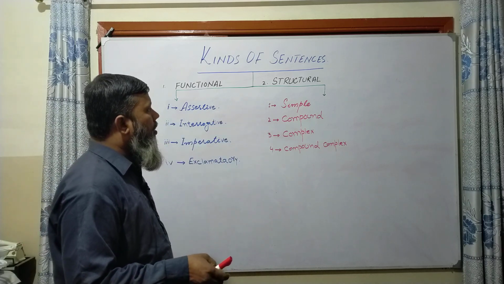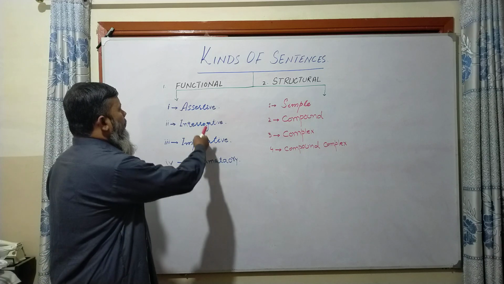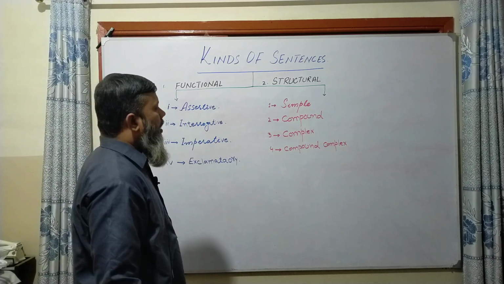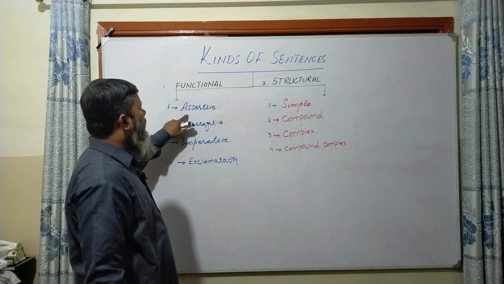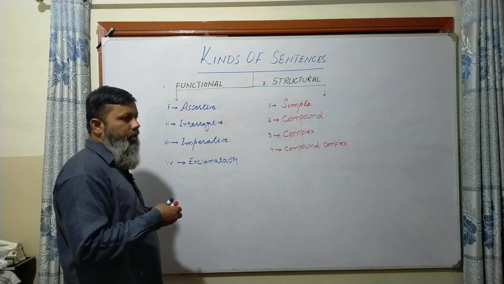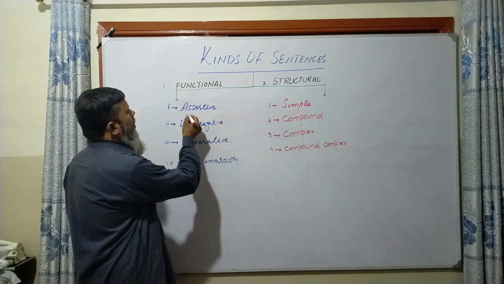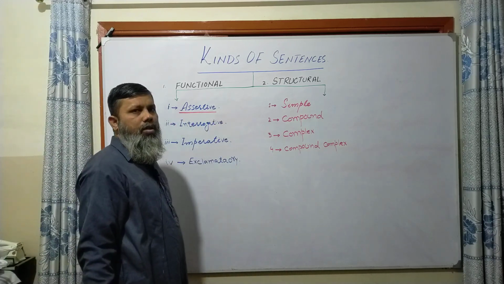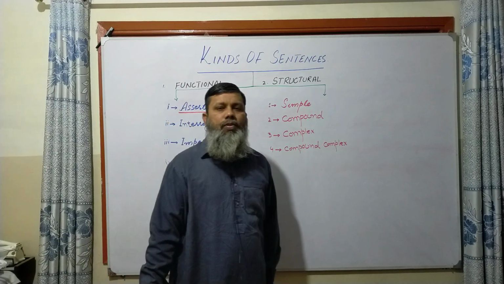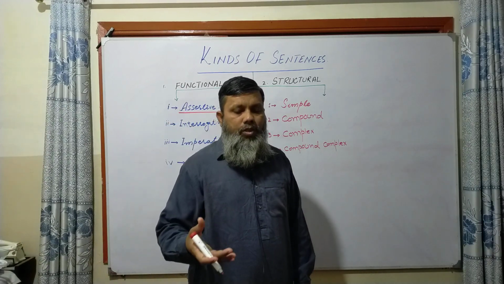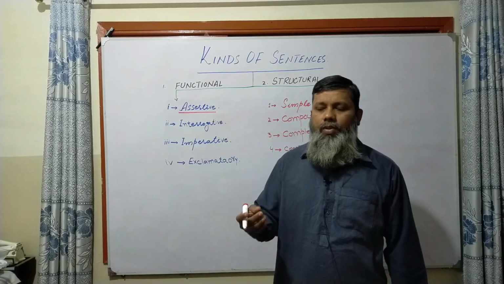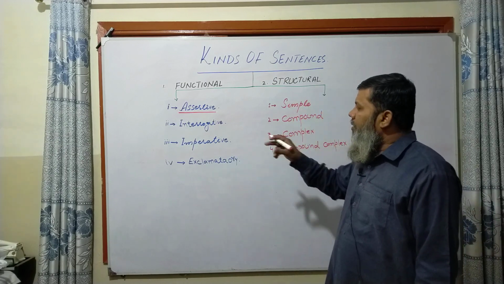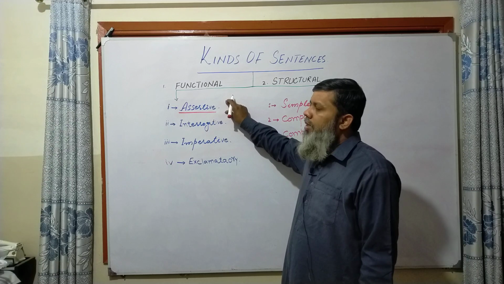Now we are going to define each one by one, and today I will just explain the assertive sentences first. What are the assertive sentences? Assertive sentences means we use a simple statement.